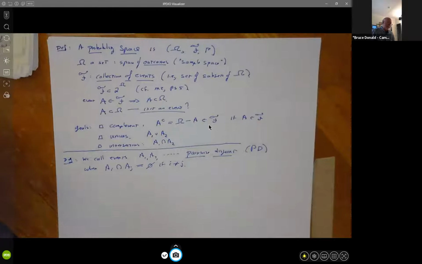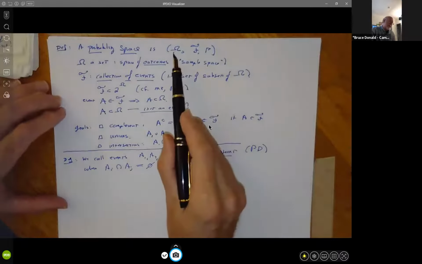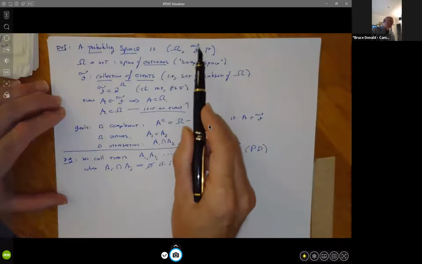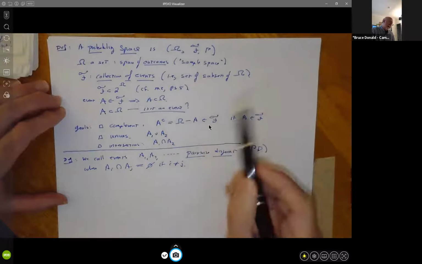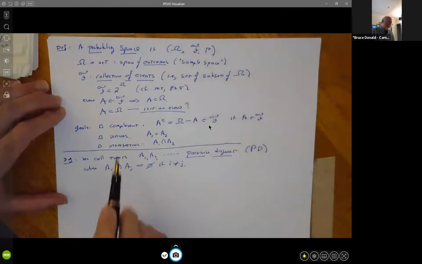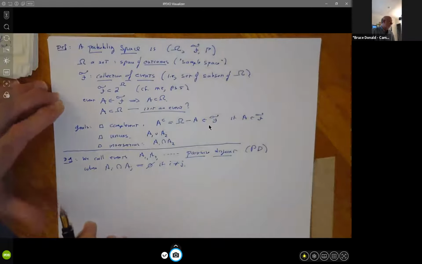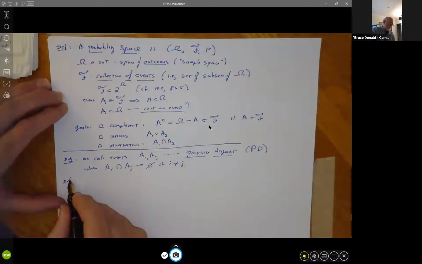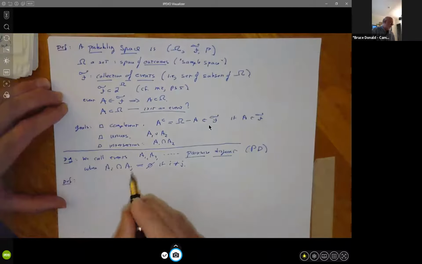Finally, given this, we can define probability. So notice what we've done is we've defined the space of outcomes. We've defined the collection of events here, and they satisfy some rules. We can take complements, unions, and intersections and still get events. That's exactly what we want. And finally, we have to define what the probability is, which is going to be a function.